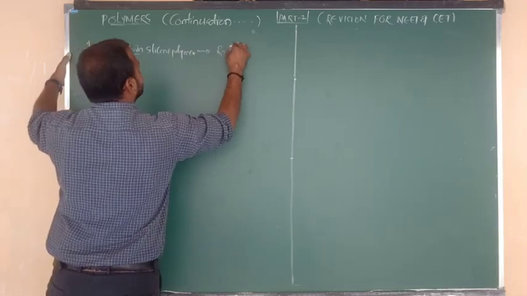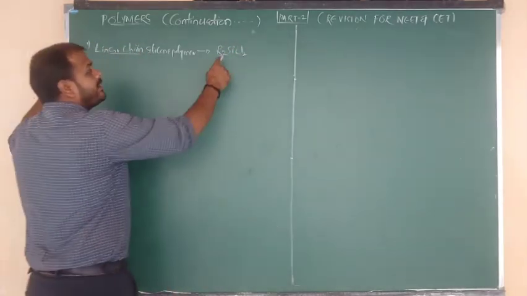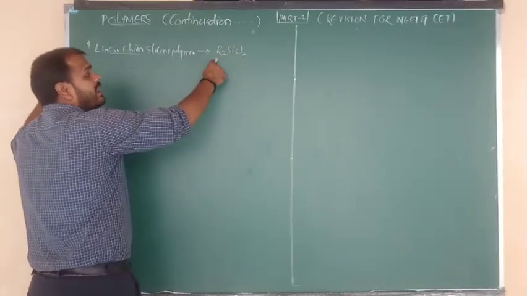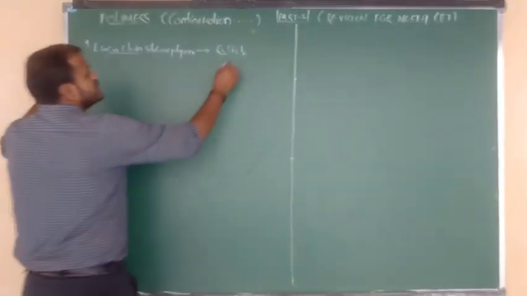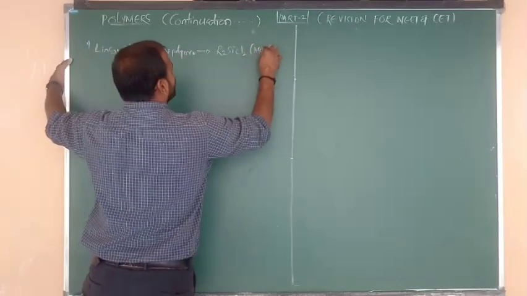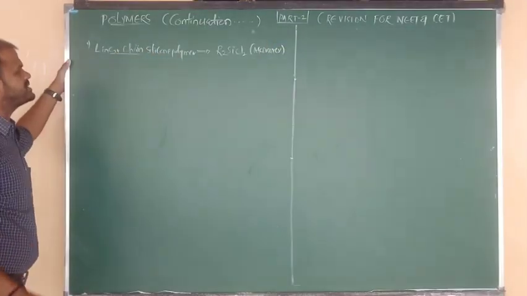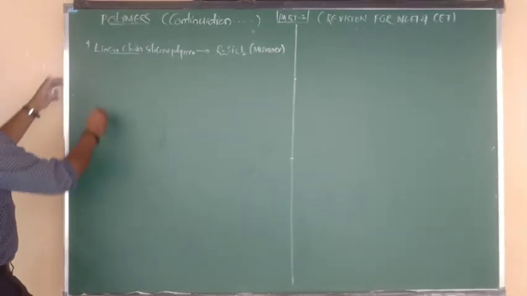The formula is R2SiCl2, dichlorosilane, or dialkyl silane, as you wish. So it acts as the monomer unit, and also we can say the simple unit for the linear chain silicone polymers.